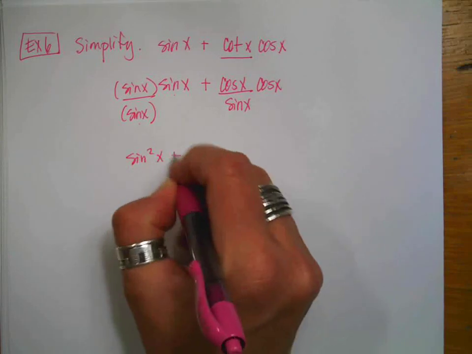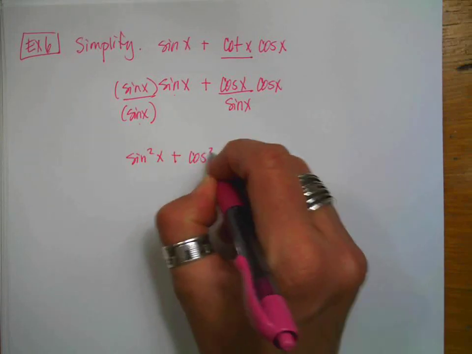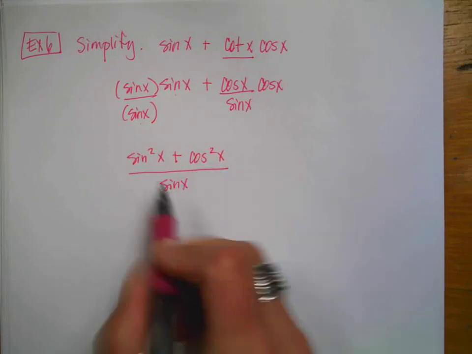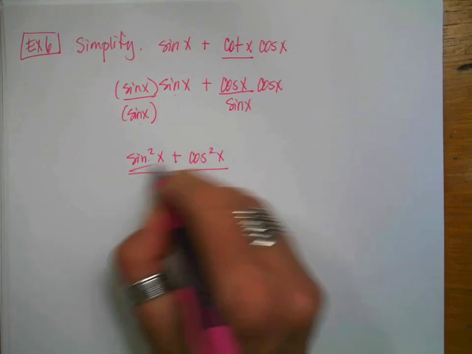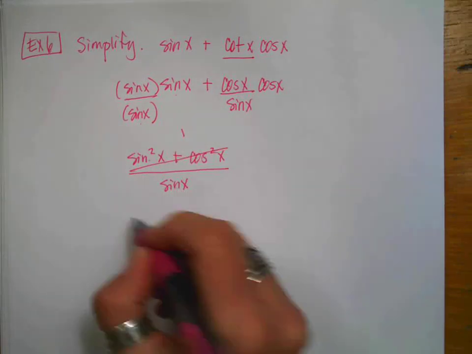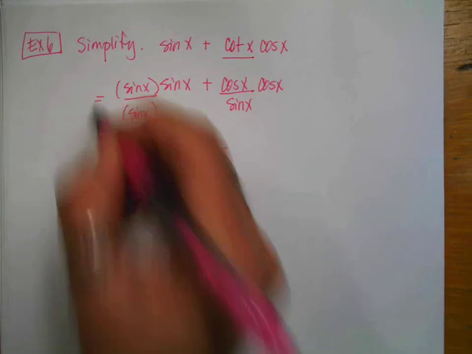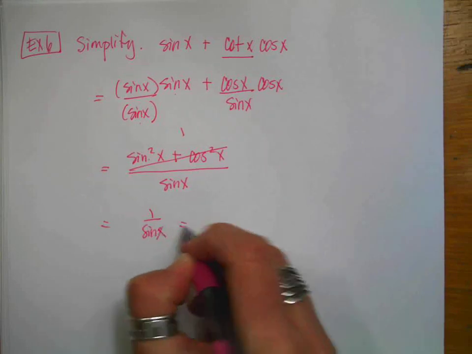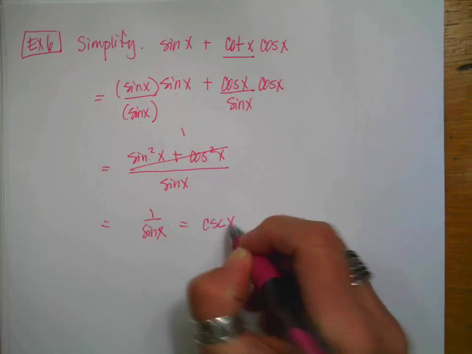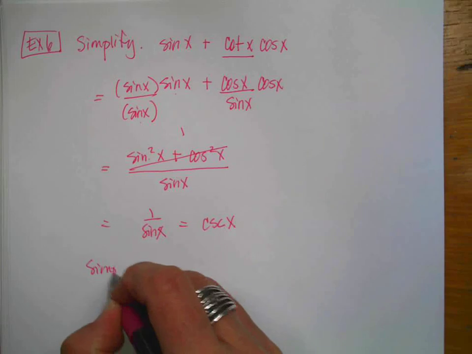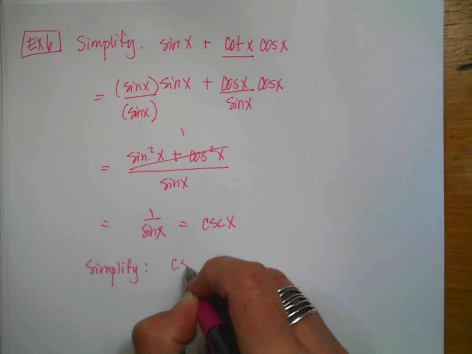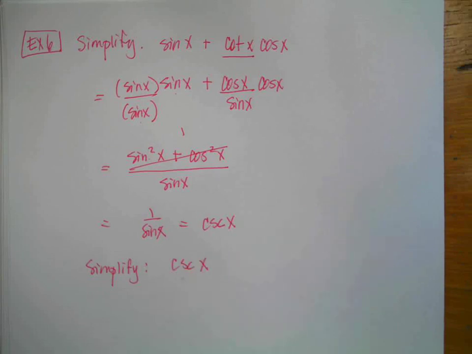So now if I simplify the numerator, I have sine squared x plus cosine squared x over the sine of x. Sine squared plus cosine squared is 1. So now I have 1 over the sine of x, and this is the cosecant of x. So then I would report, I simplified, and it's going to be the cosecant of x.